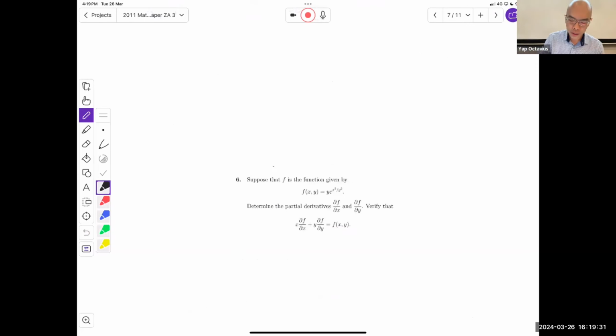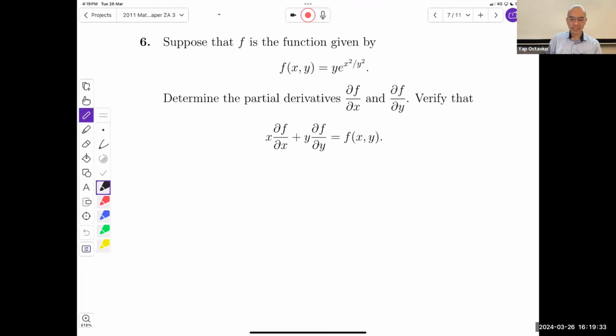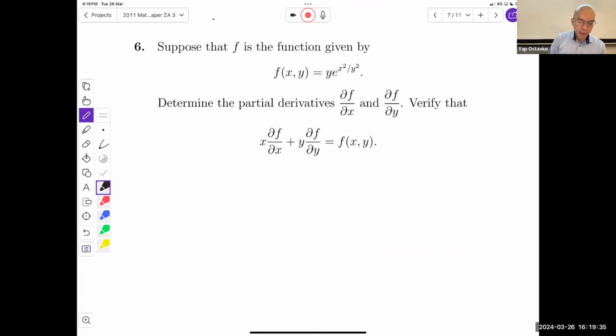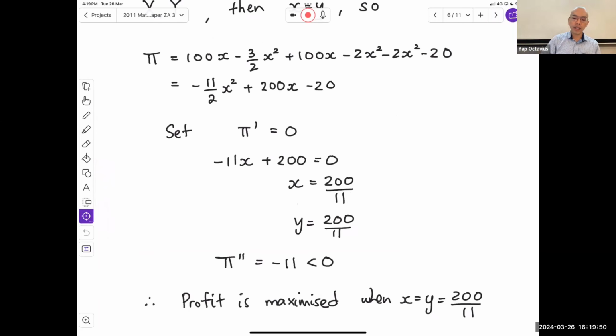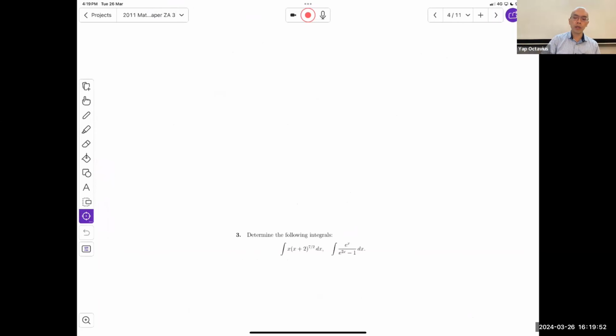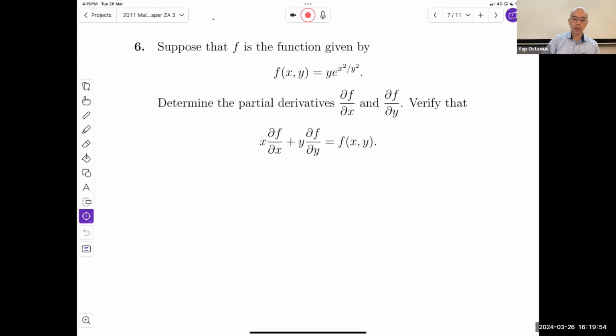Okay, let's go to this. The aim of this question: either they ask you to find this, or they'll ask you to find x or something times the second order partial derivative. In the previous questions, we already did quite many partial derivatives.